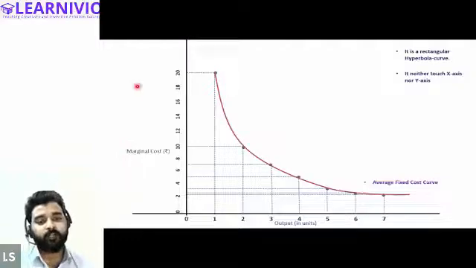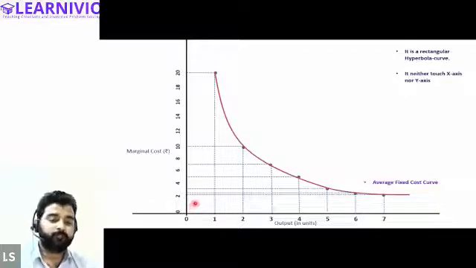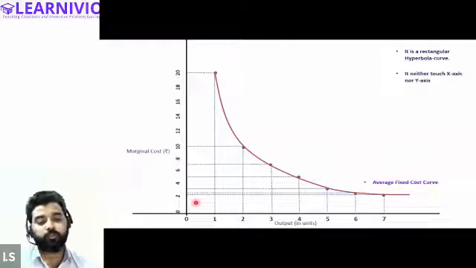Whenever you start drawing the curve for the AFC, you always start from the first unit. You always indicate the value of AFC at the first unit only. So at the first unit, AFC is 20, then the second unit, third, fourth, fifth, and so on. You never indicate a value at 0 unit of output because you won't be able to indicate the infinity value of AFC.